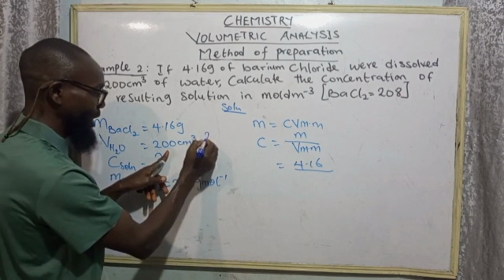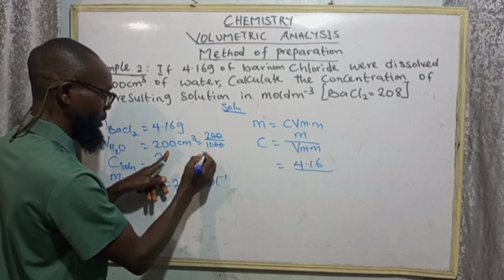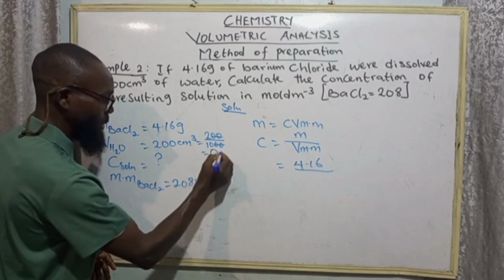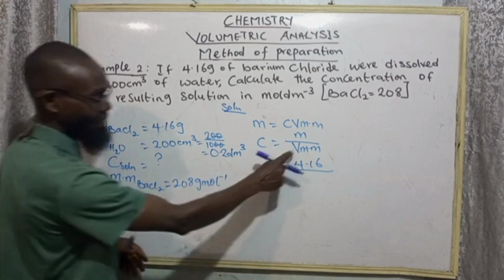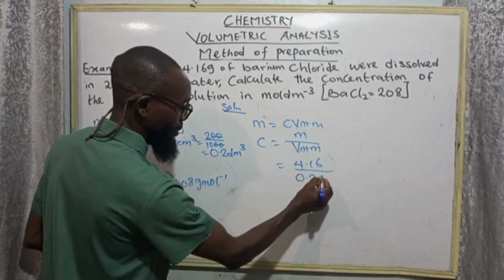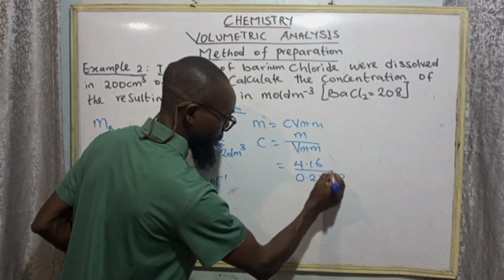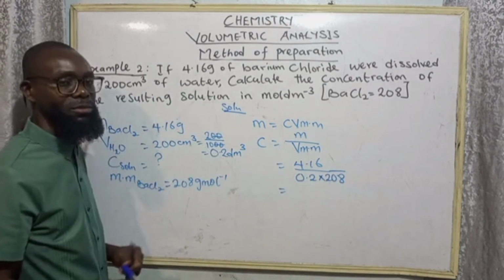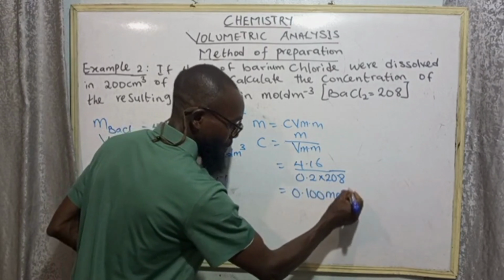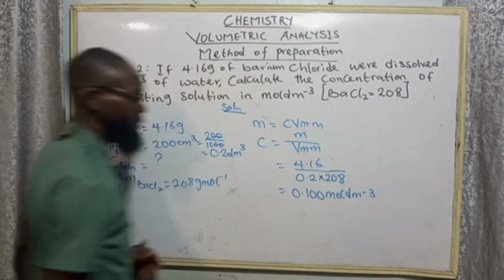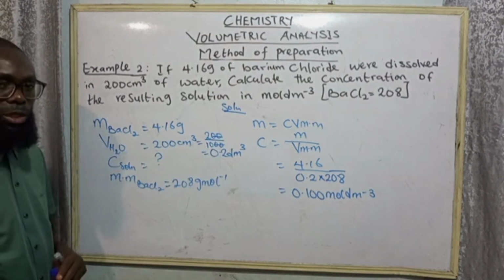Let us divide it by 1,000. 200 divided by 1,000 gives 0.2 dm³. So applying this here, our volume now is 0.2, multiplied by our molar mass here, 208. So our final answer is 0.100 mole per dm³. So this is how to calculate the concentration using this formula.